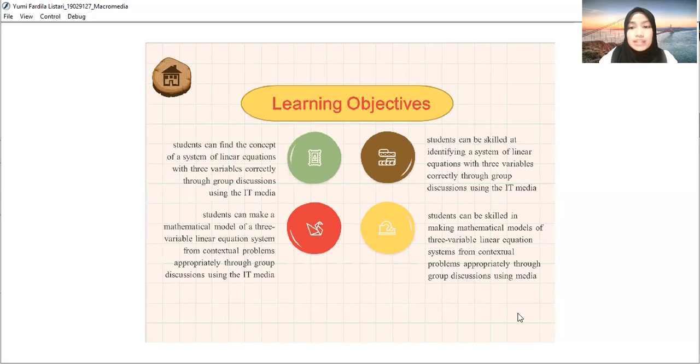Third, students can be skilled at identifying a system of linear equations with three variables correctly through group discussion using the IT media. And the last one, students can be skilled in making a mathematical model of a three-variable linear equation system from contextual problems appropriately through group discussion using IT media. Okay, the student can click back to the main menu.